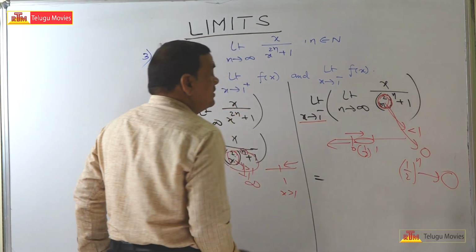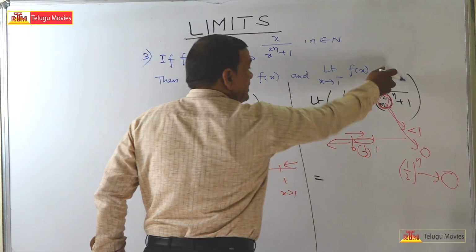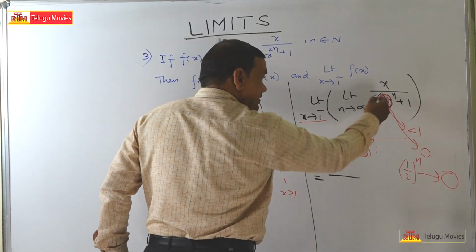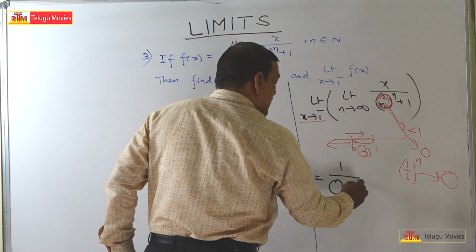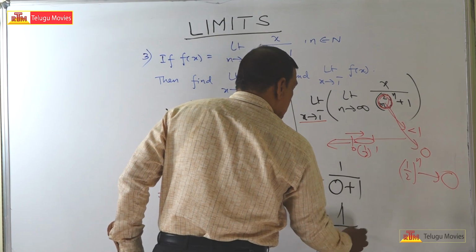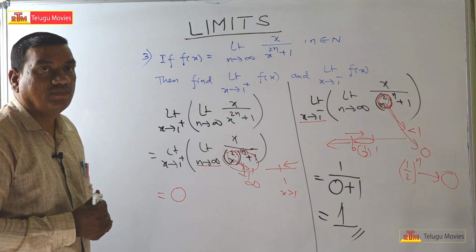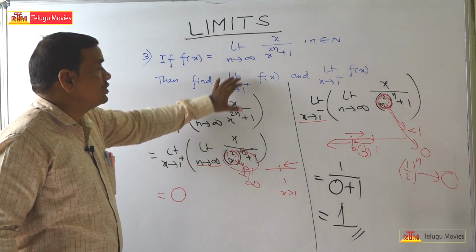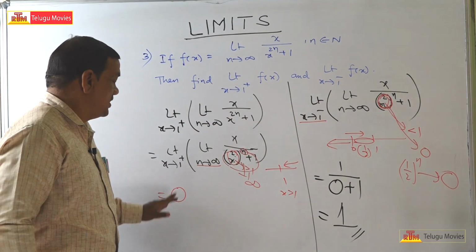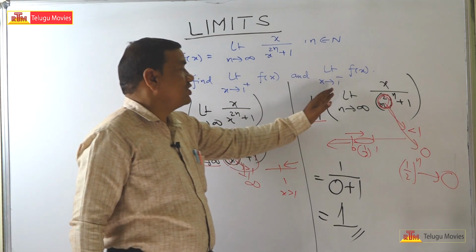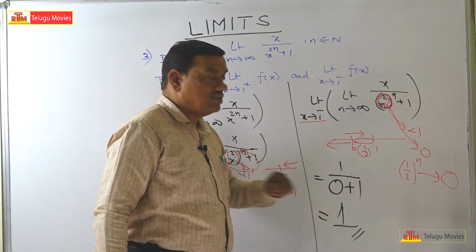That means, as x tends to 1 minus, this value is 1 by 0 plus 1, so on the whole your answer is 1. Okay now? Right. So, limit x tends to 1 plus f of x is 0, and limit x tends to 1 minus f of x value is 1.